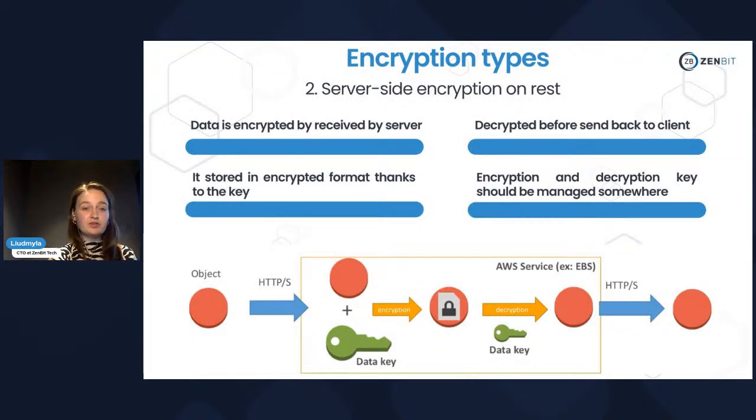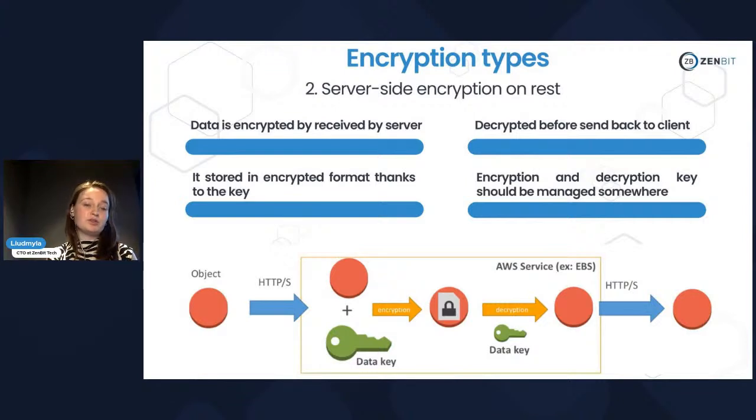The next type is server-side encryption at rest. In this case, as you can see on the schema, we have an object, and we have some key which will be used for encryption. We send the object to the server encrypted by using the key, and store it on the server in an encrypted format.